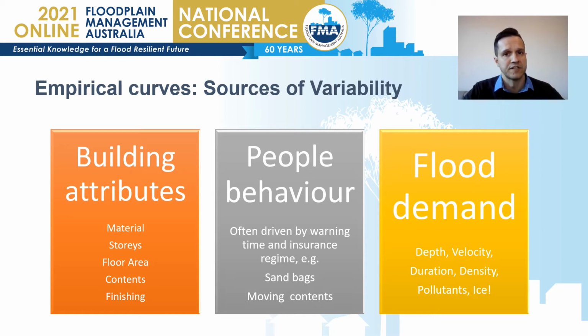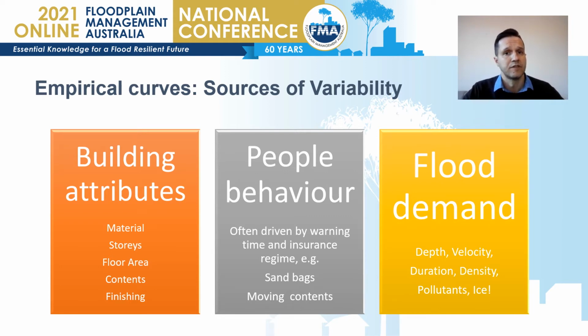So for example, a single-story masonry building affected by a depth of about 1 meter could have variable damage responses based on its other design attributes, such as floor area, contents value, or level of finishing, but could also have different damage levels if the building occupants were to take preparatory actions, such as moving valuable content away from the water or using sandbags or what have you.